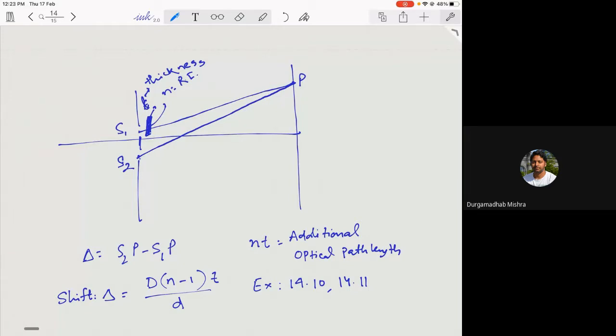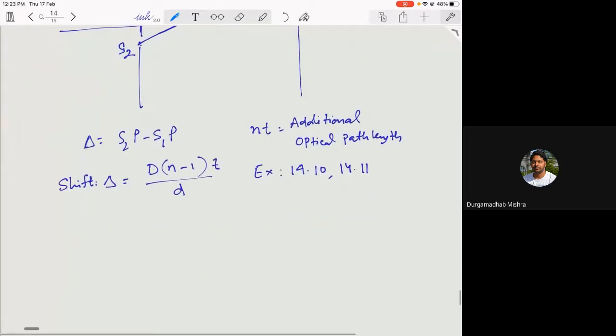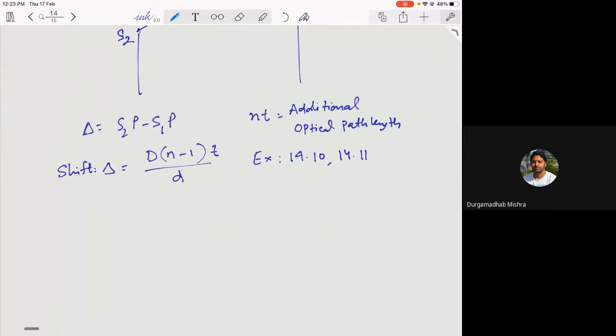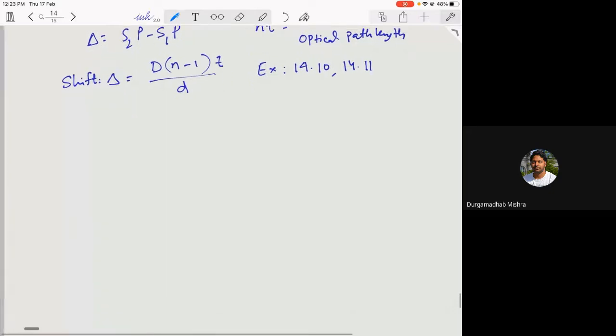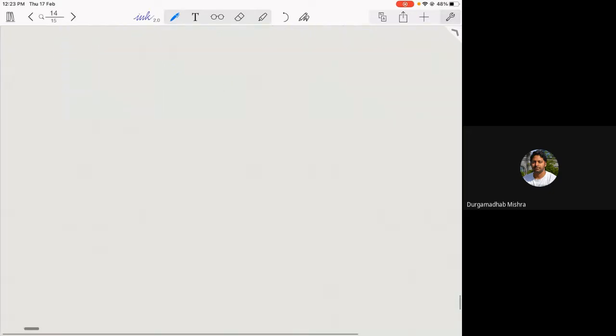Okay, so we talked about interference due to division of the wavefront. There is another thing which can also happen when a wave interacts or meets another medium. Okay, so let's look at that.